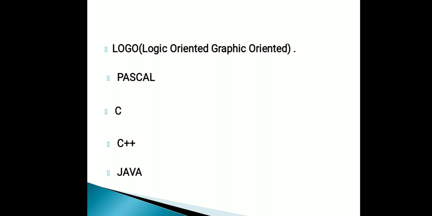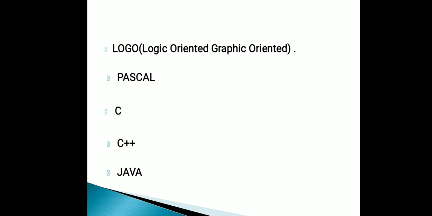Earlier Fortran, C, Pascal, BASIC, these are procedural programming languages. Procedural programming languages are not based on the real world, and C++ and Java are object oriented programming, which means the program is divided into small parts called objects.